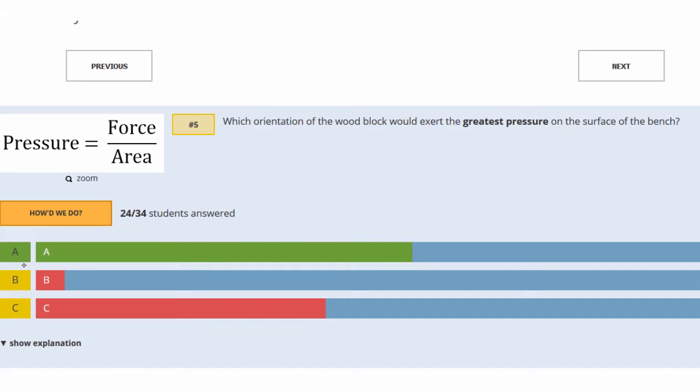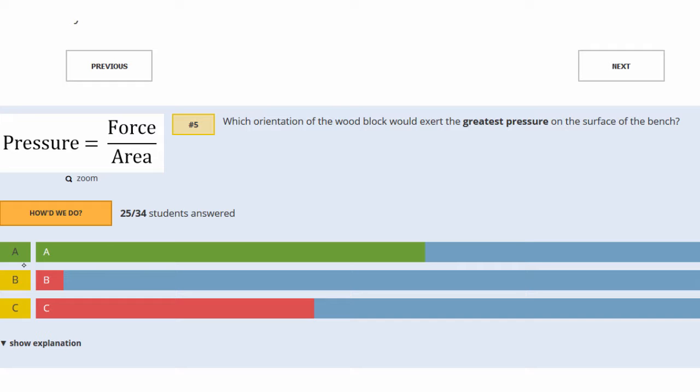It is A. And it is A because less area, that's right. So, if you look at this equation, area sits down here, pressure sits here.